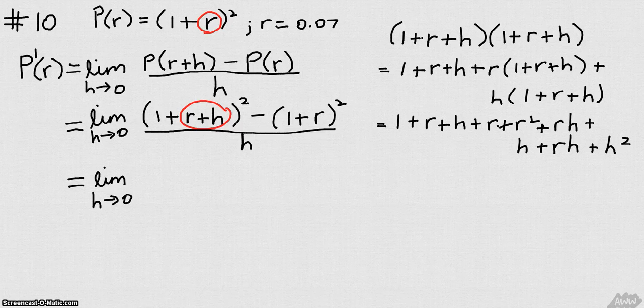Now I'm going to simplify all this when I bring it over here. So that whole quantity squared becomes 1 plus, we've got 2 r's, 1 plus 2r plus, so there's the 1 gone.